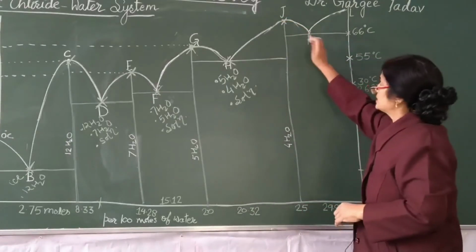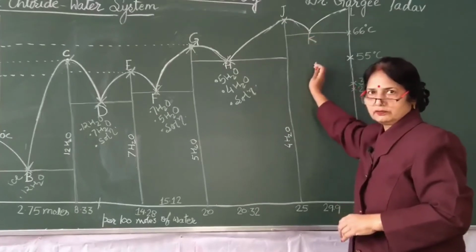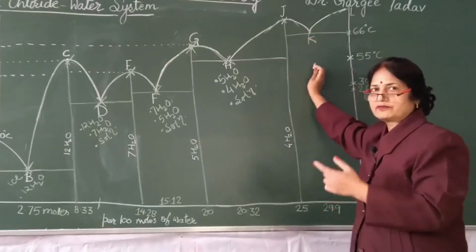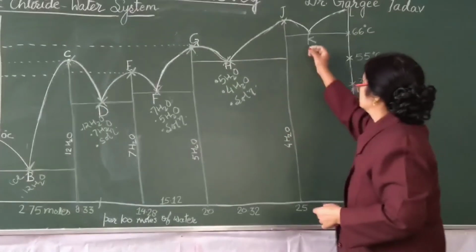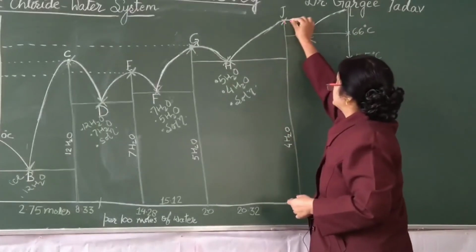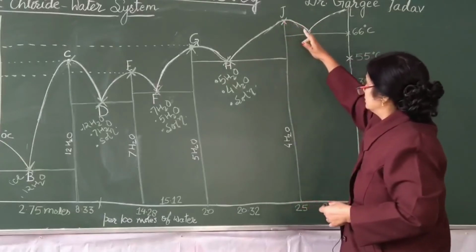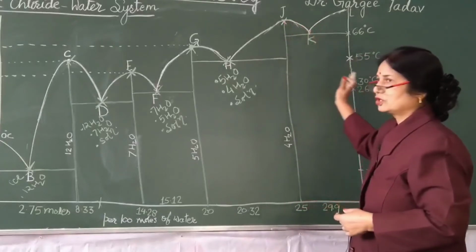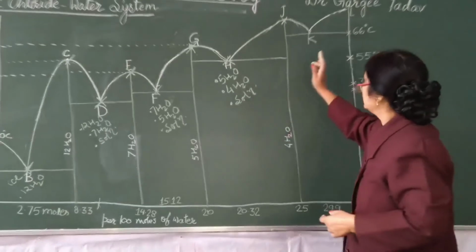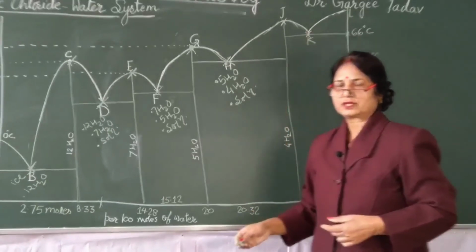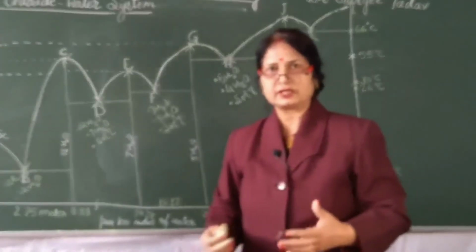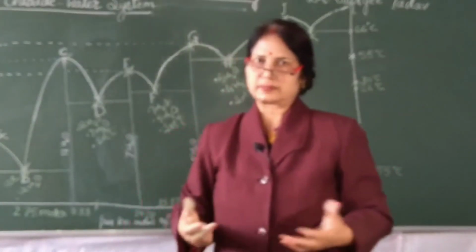JK represents the melting point curve or the freezing point curve of this tetrahydrate of ferric chloride. As we can see, the freezing point decreases with the addition of more and more ferric chloride, and comes to the lowest point K, at which anhydrous ferric chloride will start separating.